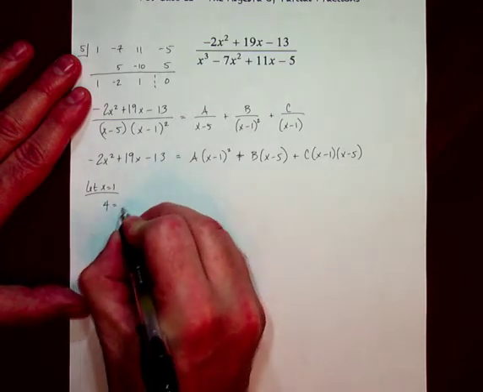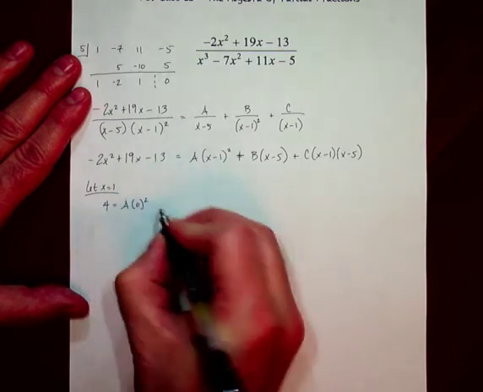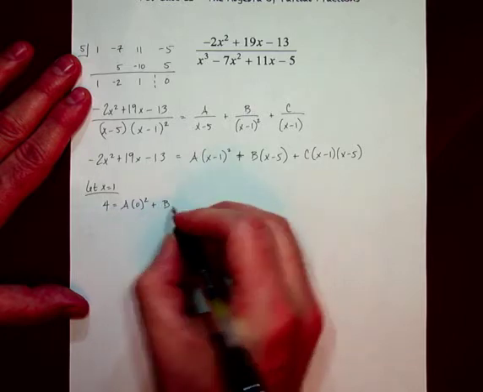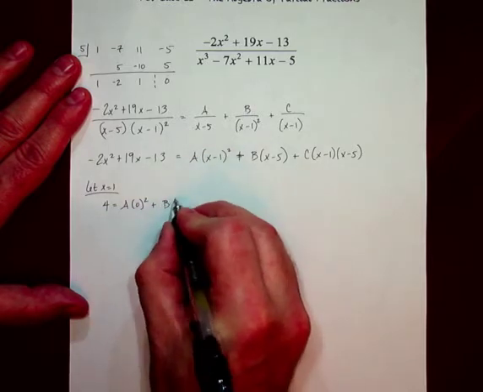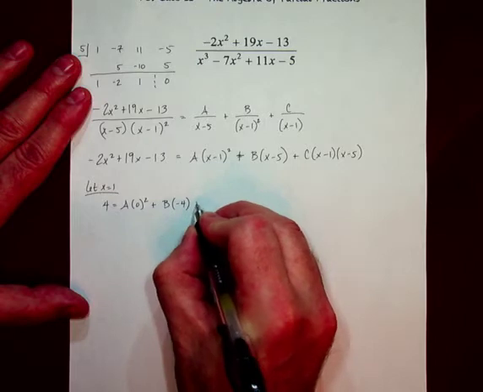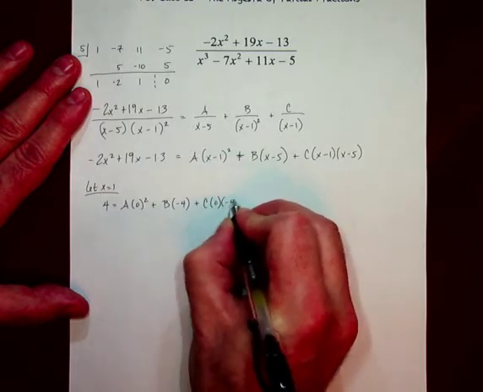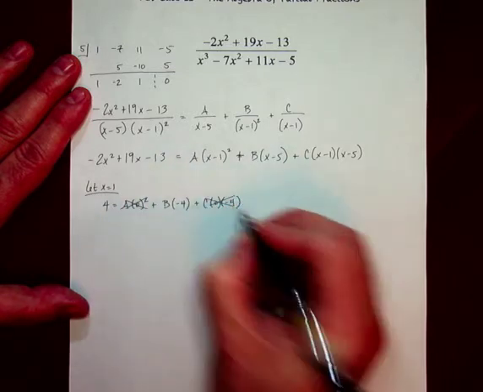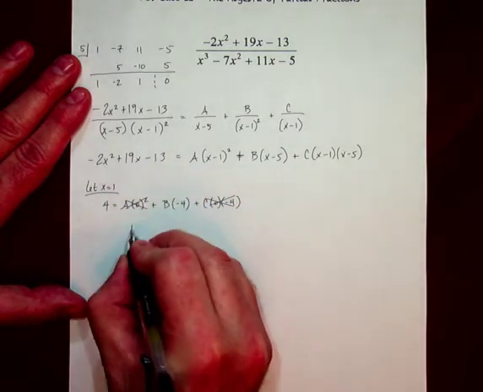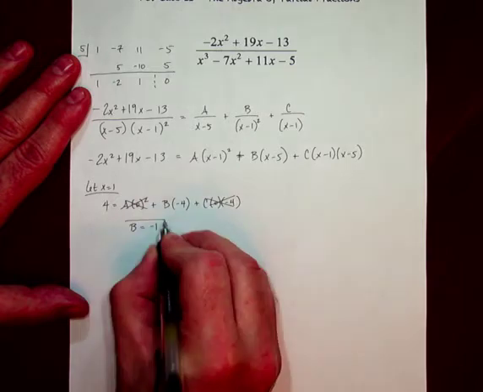And you plug in, and it winds up being 0 squared here, and 0 squared. This winds up being -4, and this winds up being c times 0 times -4. Both of these cancel out, and I'm left with b is equal to -1.